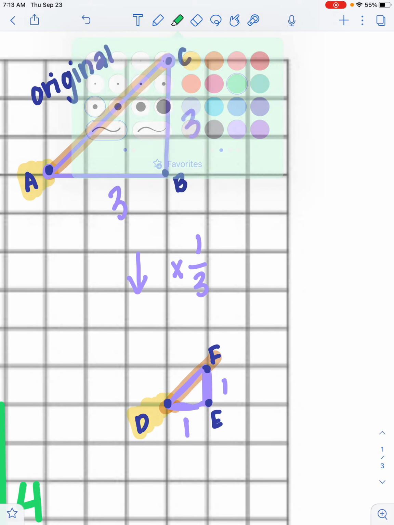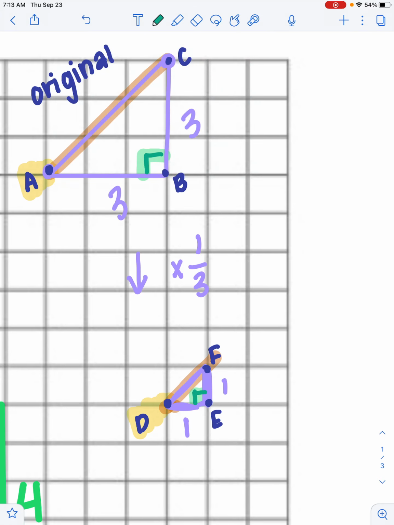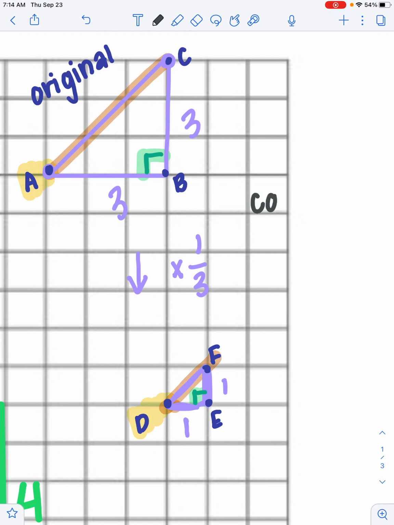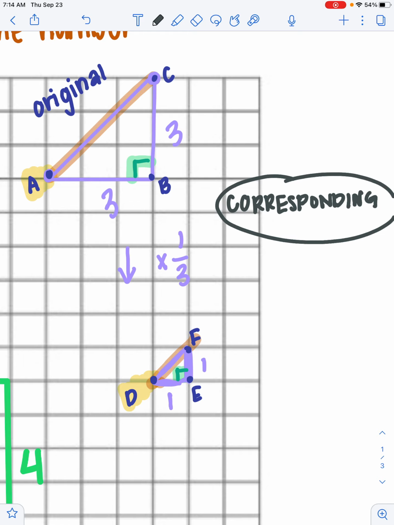And the angle ABC, so this angle right here, corresponds to the angle DEF, so this angle right here. We can draw the angles with the right angle sign since these are the right angles. Corresponding just means angles, sides, or points that are in the same place. And we just showed 3 examples of that word corresponding.